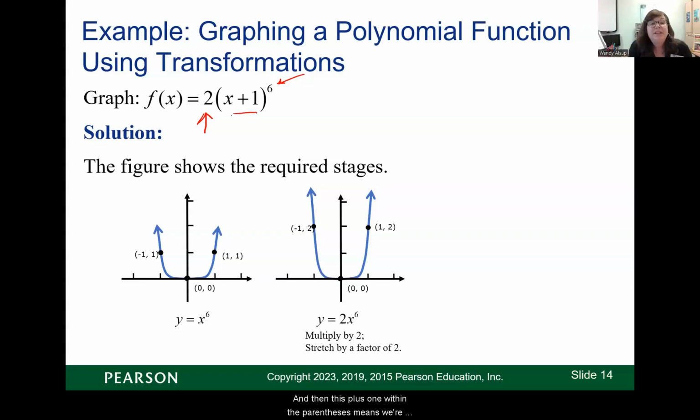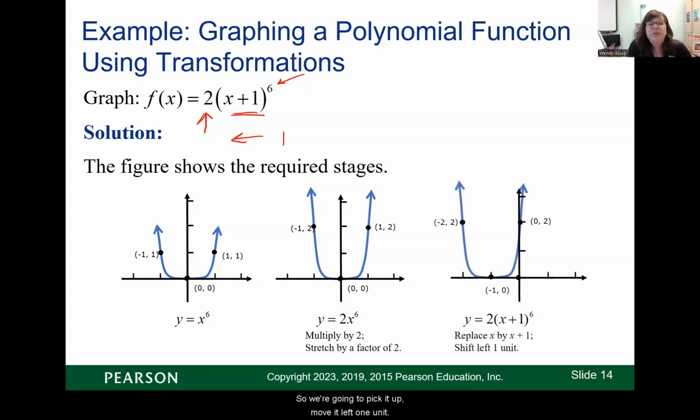And then this plus 1 within the parentheses means we're going to move it left 1 unit. So we're going to pick it up, move it left 1 unit. So 0, 0 then becomes negative 1, 0. And this is our graph for 2x plus 1 to the 6th.